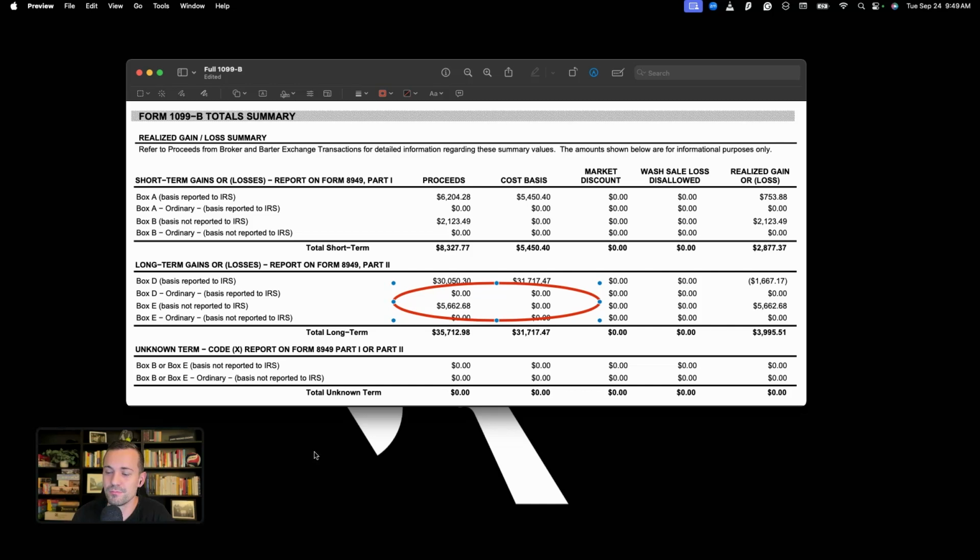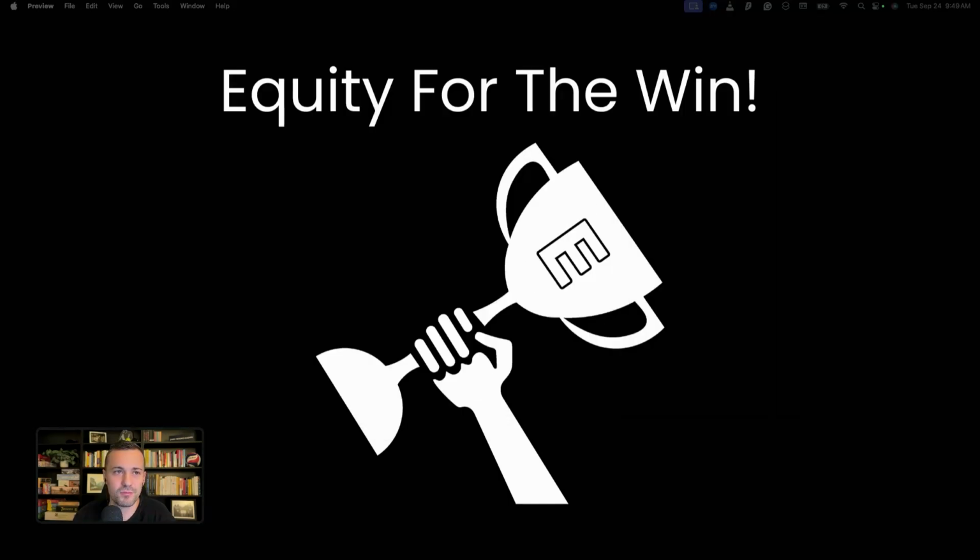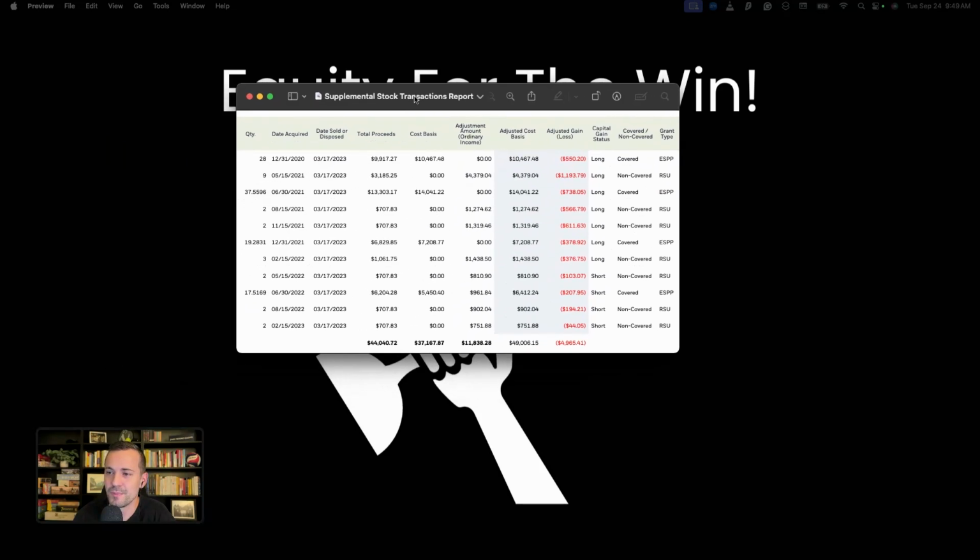So to fix this, a lot of companies will issue a supplemental stock transactions report. I'm going to move this. What that looks like is this. It varies by company, but this is one that a big tech company uses, and your company probably issues something similar.